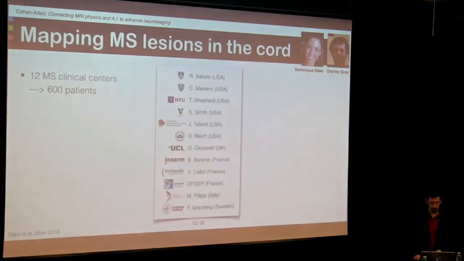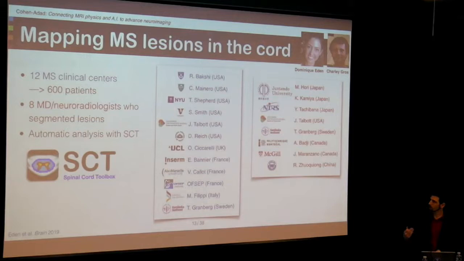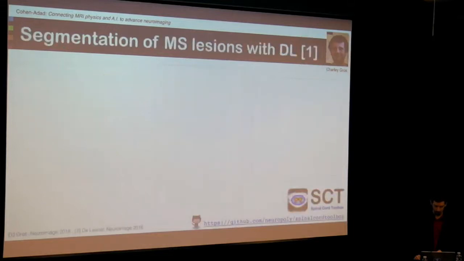So the goal of this study was to do a comprehensive mapping of MS lesions across different MS centers in the world, who generously shared about 600 patients. And neuroradiologists segmented those lesions. And then the further analysis was done using software developed in our lab, the Spinal Cord Toolbox.